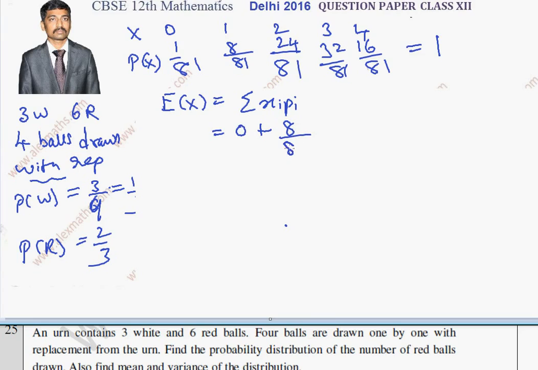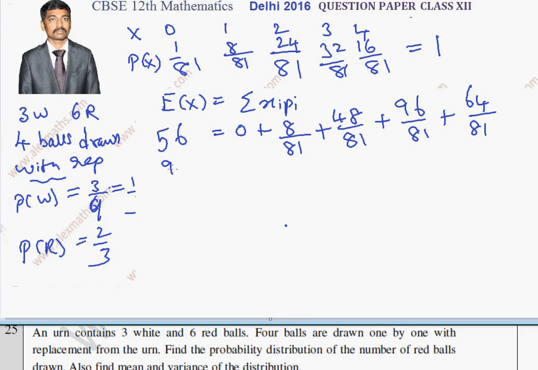Second term is 8 by 81 plus 48 by 81 plus 96 by 81 plus 64 by 81. So we'll add everything. 8 and 48 is 56, then 96, then 64. So I'm getting 216.